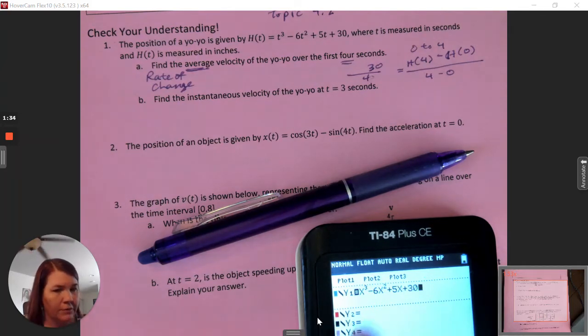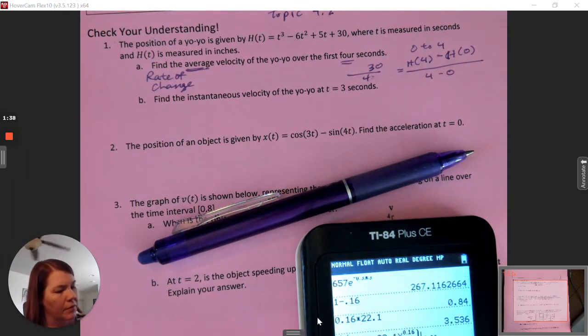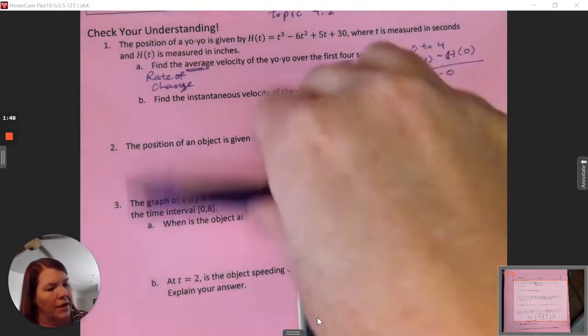So there's my equation. Just double checking that I typed everything correctly. I did. Cool. And then I could do alpha and trace, and that pops my menu. It was my first equation, evaluated at 4. So I get 18.